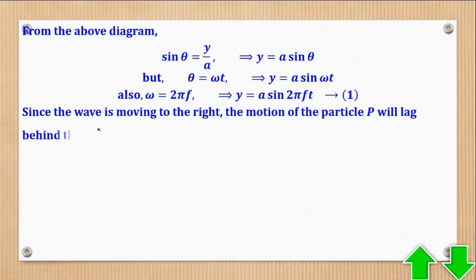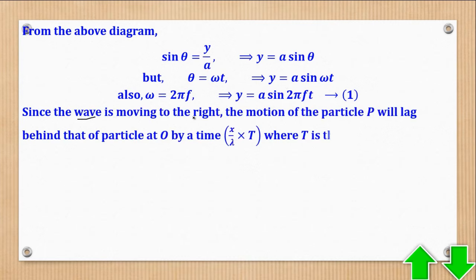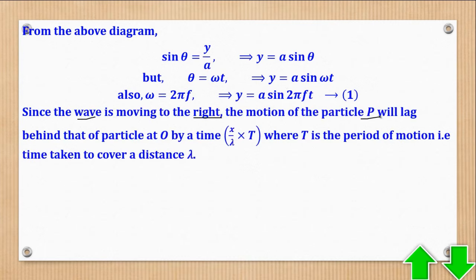Now from there we shall see that since the wave is moving to the right, the motion of the particle P will lag behind, lag is like a delay, the particle O, by a time t. Remember, capital T is the period, time taken to cover a complete cycle. Then x and wavelength, or lambda, is the total distance taken to cover a complete cycle.